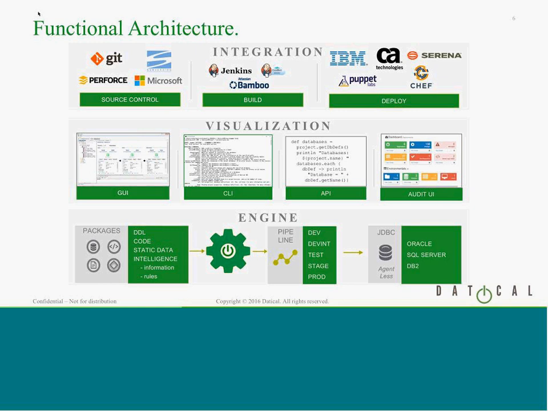And this pipeline interacts with what we call the deployment plan, and all the packages, your SQL files, your code, your data if you're going to have data, and all your rules that are being applied.